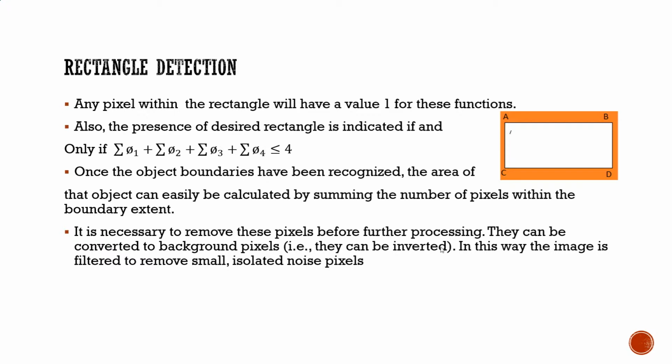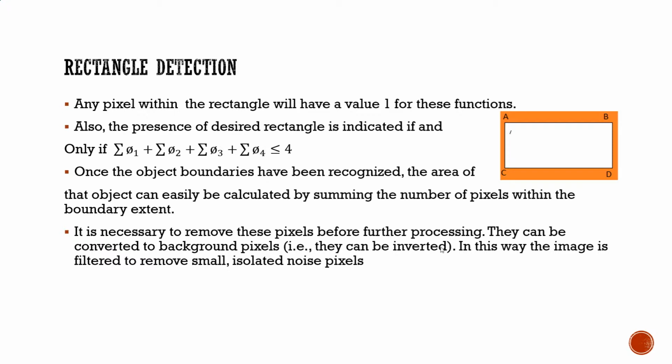Also, the presence of the desired rectangle is indicated if and only if this function is less than or equal to 4. Once the object boundaries have been recognized, the area of the object can easily be calculated by summing the number of pixels within the boundary extent.